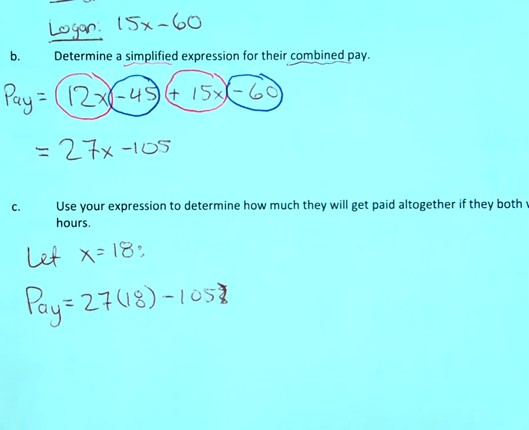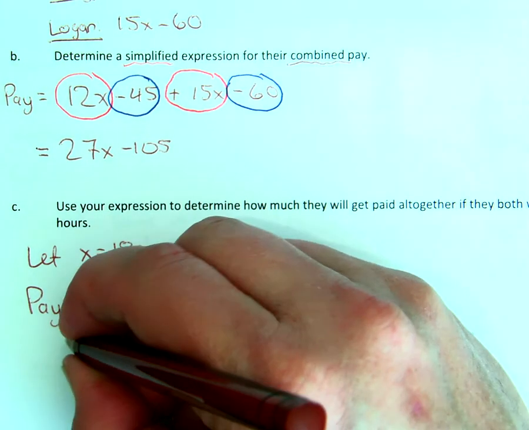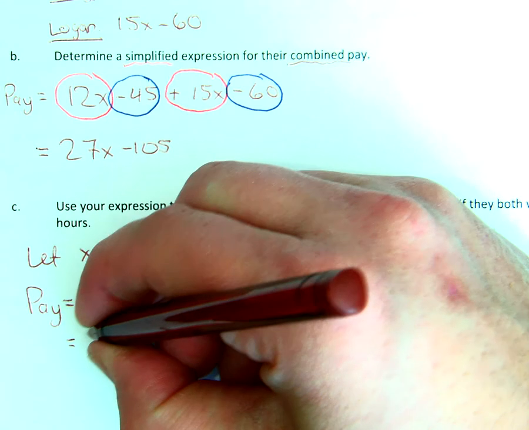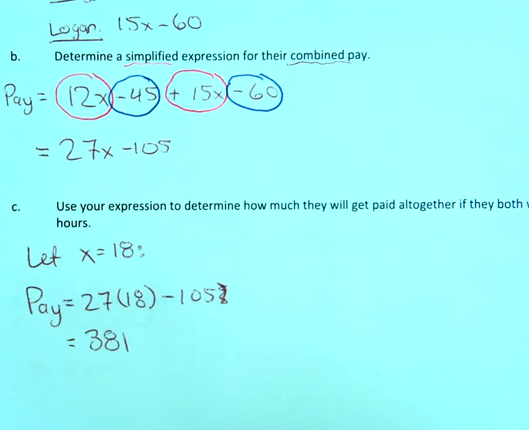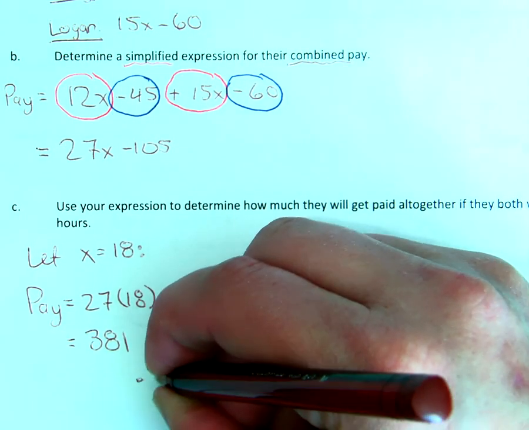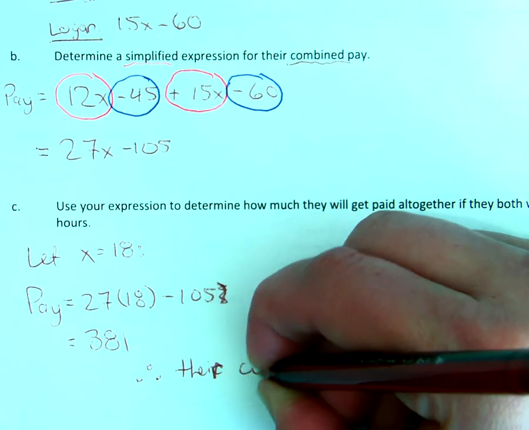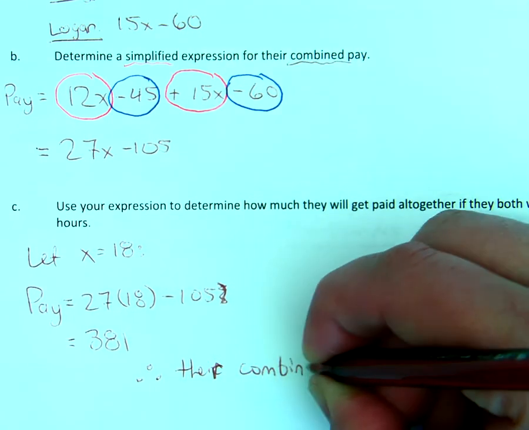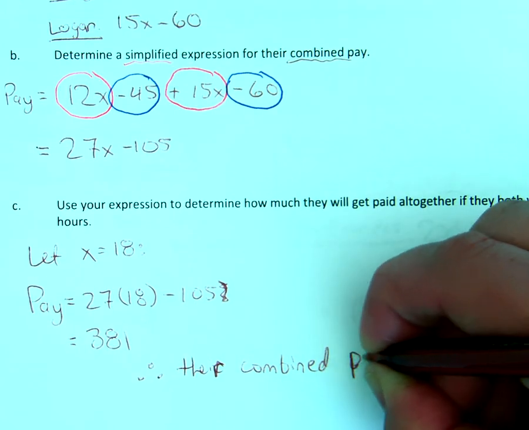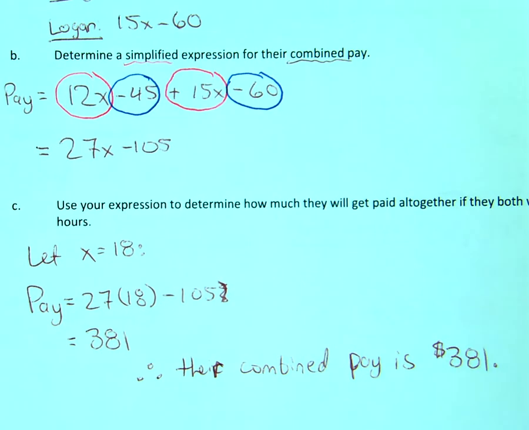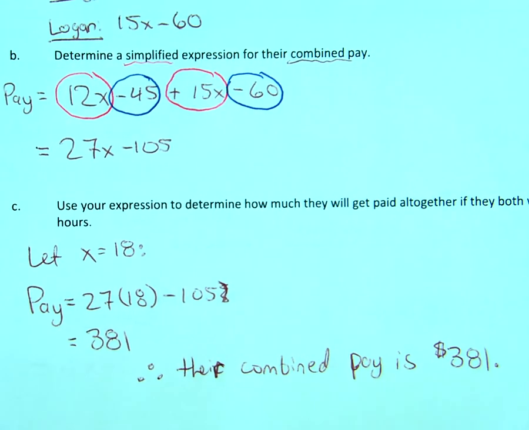Oops, I need a bracket there. I worked that out on my calculator, 27 times 18 minus 105, and that gives me $381. So therefore, their combined pay is $381. And I'm done.